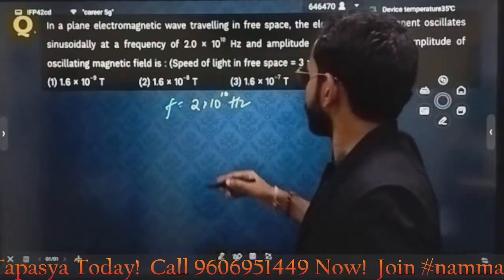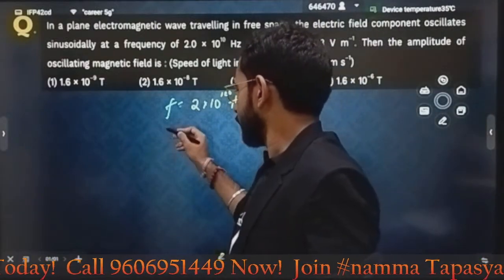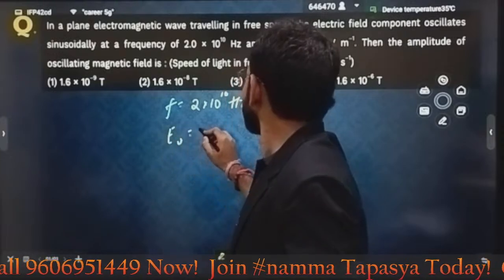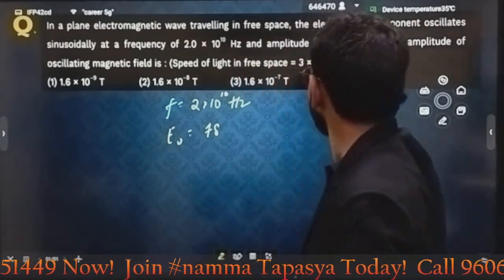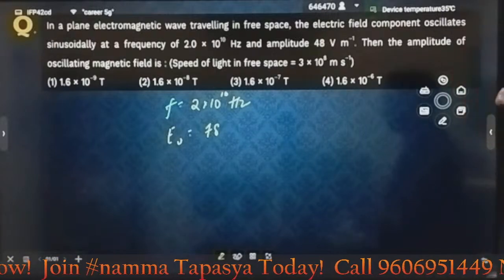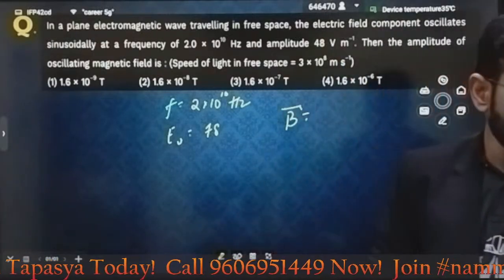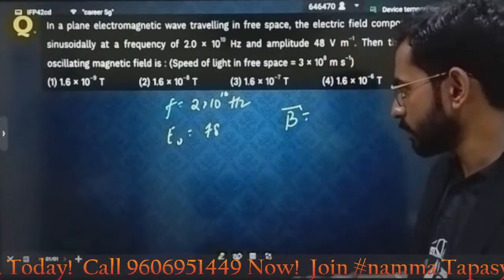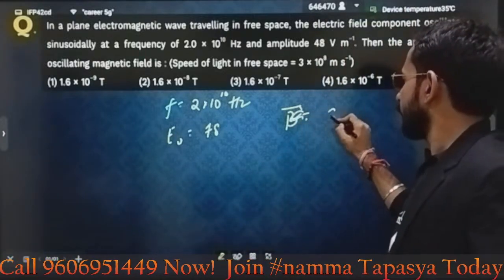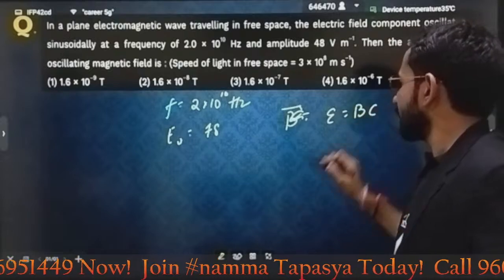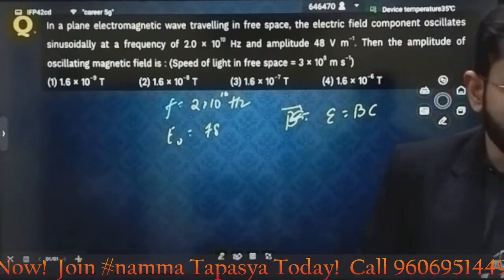And the amplitude of the electric field, that means E naught, is given as 48. Very good. Then the amplitude of the oscillating magnetic field, you have to calculate. Do you know what is the relation? Do you know what is the formula? E is equals to B into C. Simply write the equation. E is equals to B into C. This is the relation between electric field and magnetic field. E is equals to B into C.